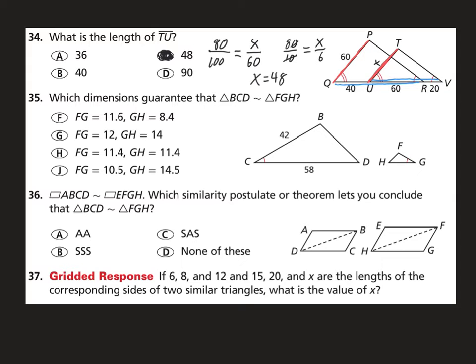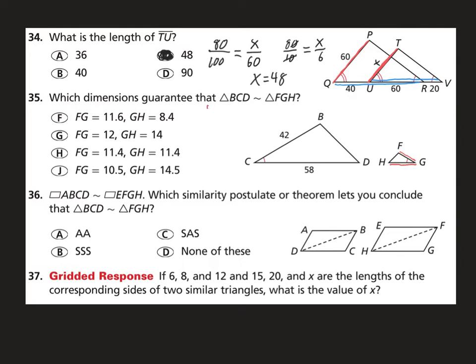So here, we're comparing it to FG and GH. And so while we could compare CB to GF as a ratio and then CD to HG as a ratio, we can also look inside each triangle. So 42 compared to 58, that will equal FG compared to GH.